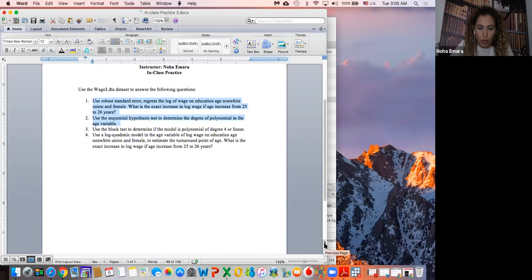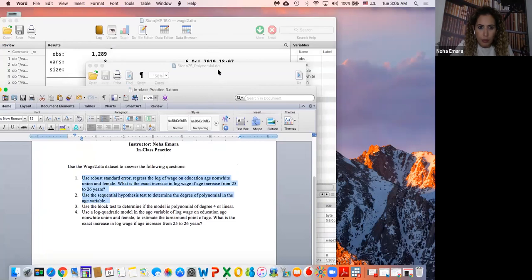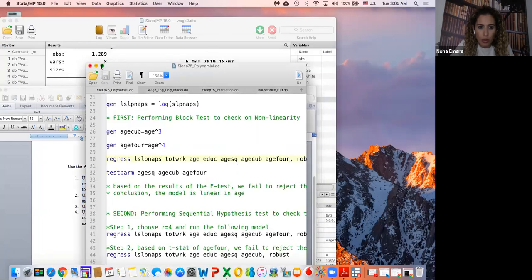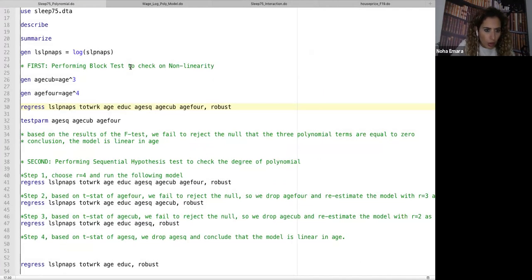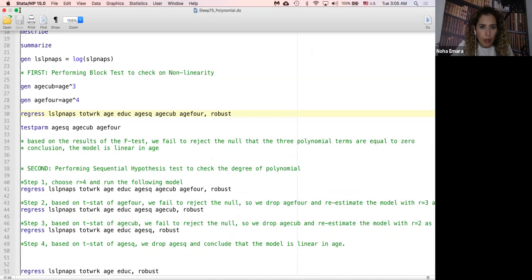So Parth is going to answer 1, Dan is going to answer question 2, and I'm going to have the do file open here for the sequential and the block test questions. All right. Let me give you 5 minutes, since you now have the correct data. I'll ask you for questions 1 and 2 before we move on.